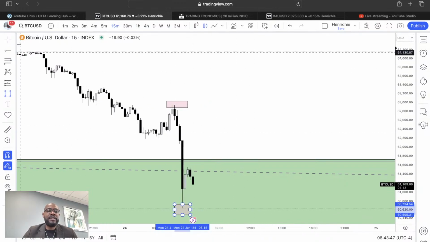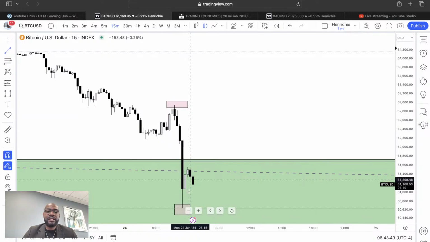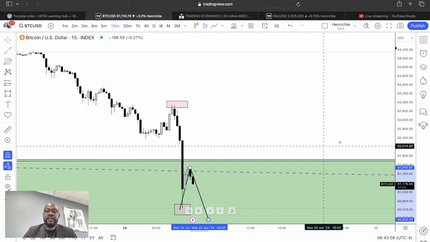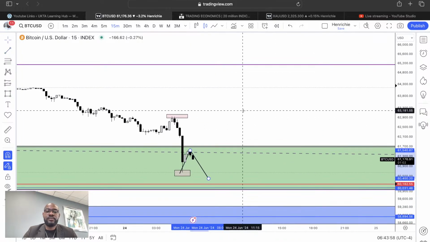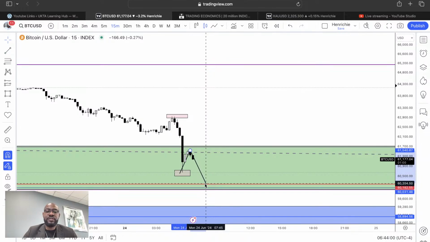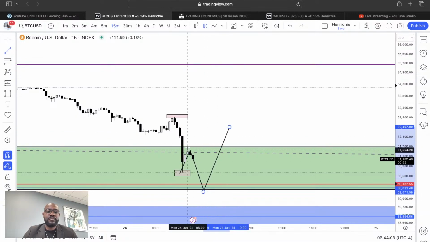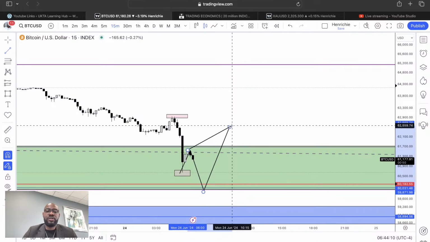If we do see this lower high and then a potential lower low, sending us into that position, the moment I see that, I'll be anticipating a reversal, a shift in market structure.